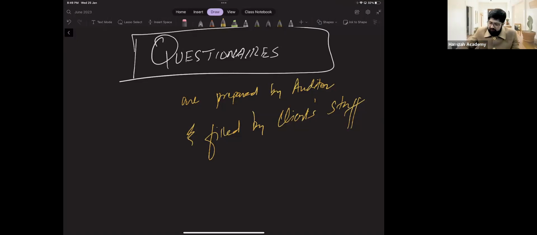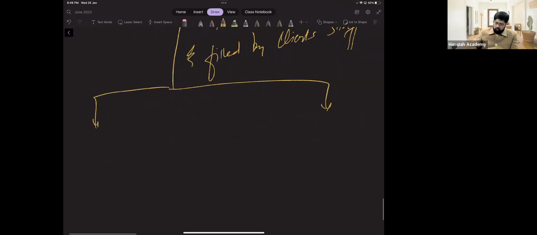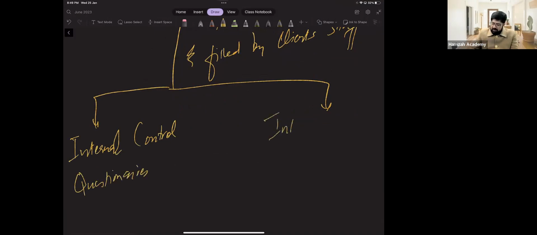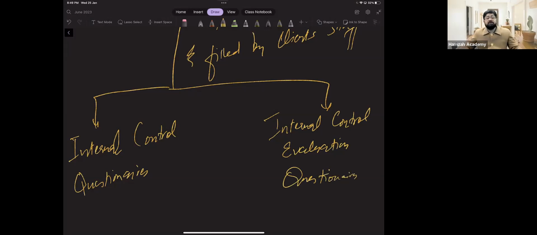So questionnaires are of two types. One is called the internal control questionnaire. The other is called the internal control evaluation questionnaire.